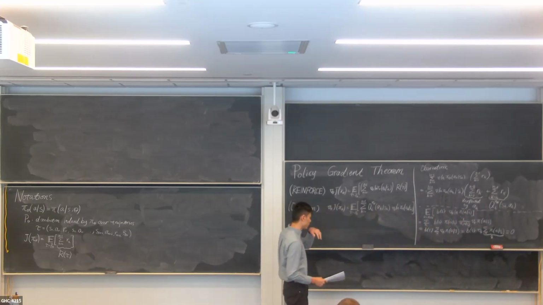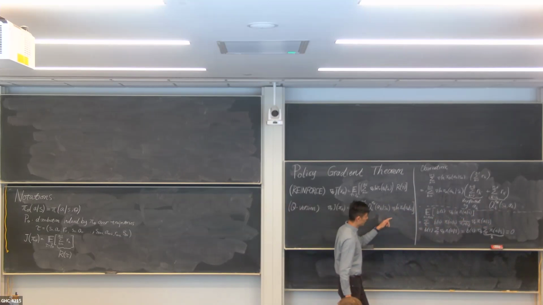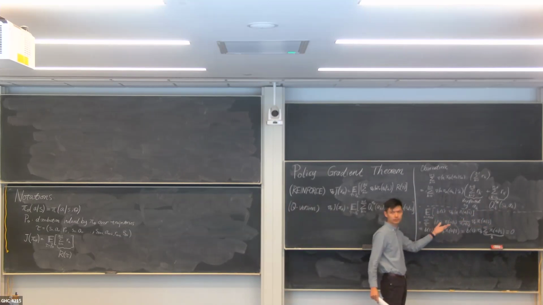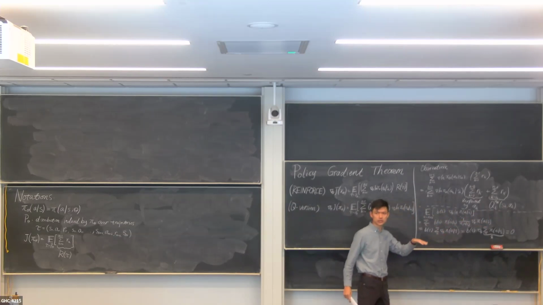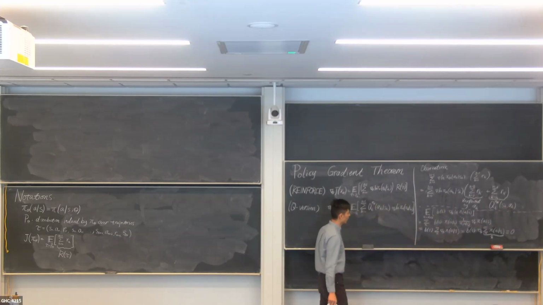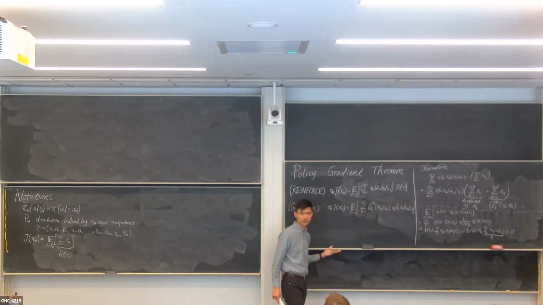So what's the takeaway here? If I introduce some baseline function that only depends on the state, not the action, the multiplication with the expectation outside will not change the expectation at all.